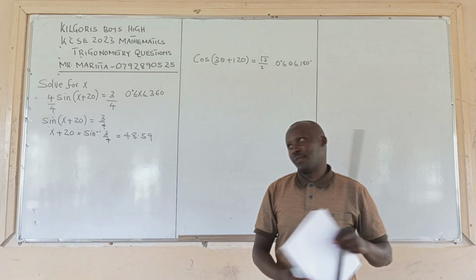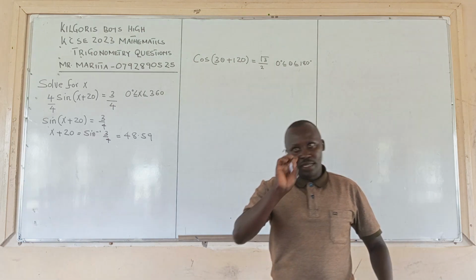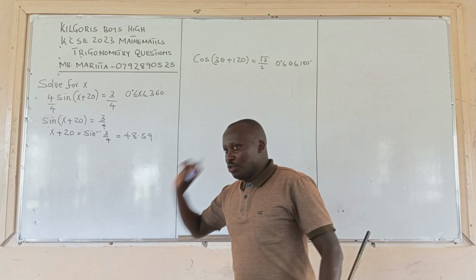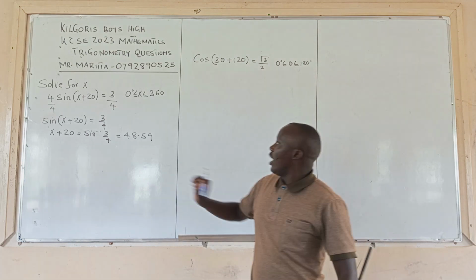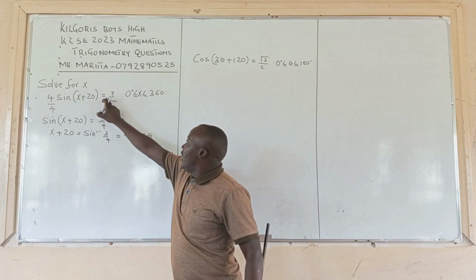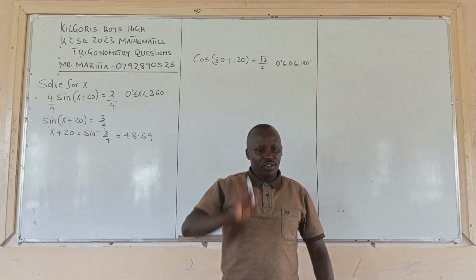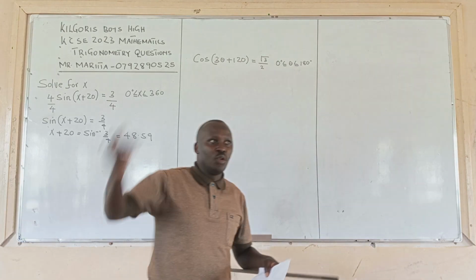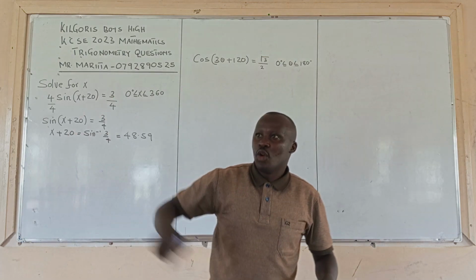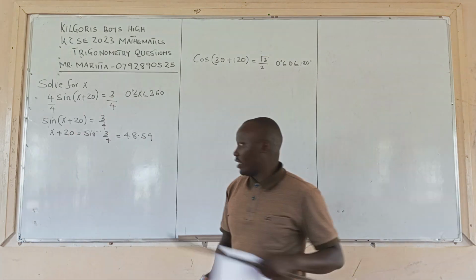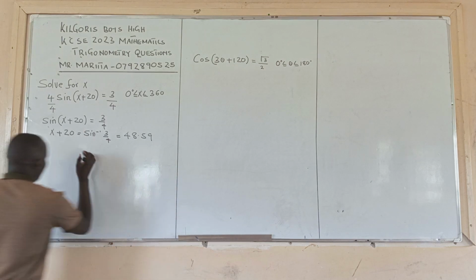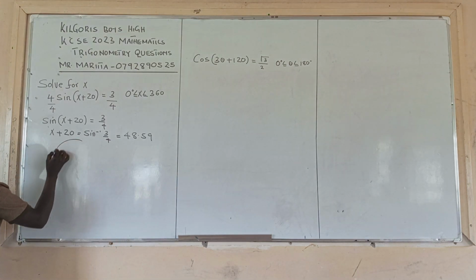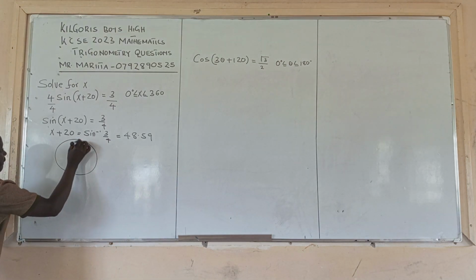That is step 1. Another very important part is using the unit circle, because here the sign has been given as positive. If the sign is positive, we need a unit circle and we see in which quadrants sine is positive.